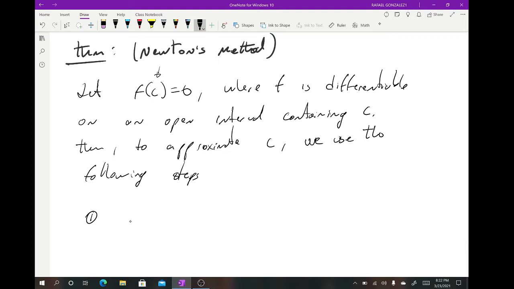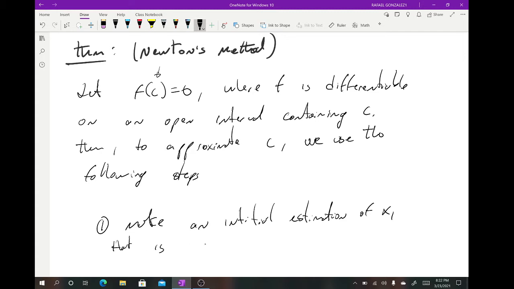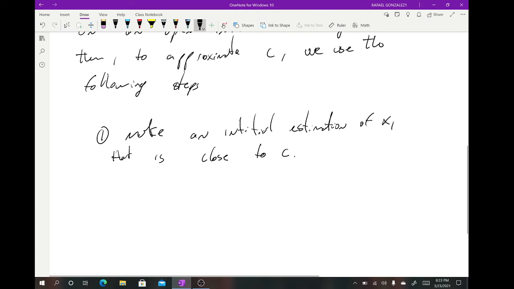Number one, much like I did before, we'll make an initial estimation x1, and this x1 has to be close to c. Obviously, if we have a graph, it makes our life much easier.